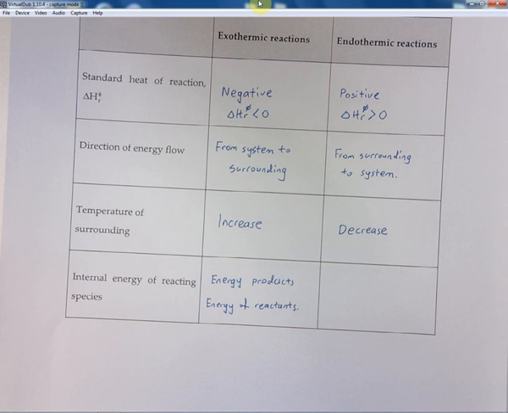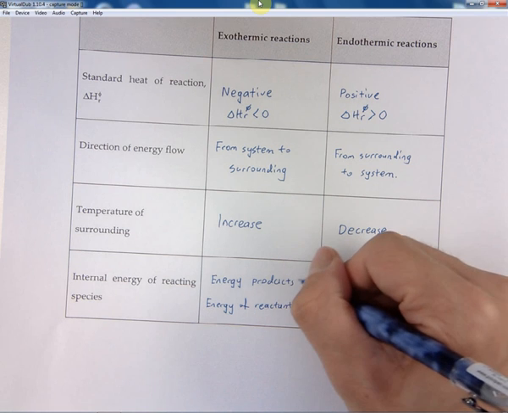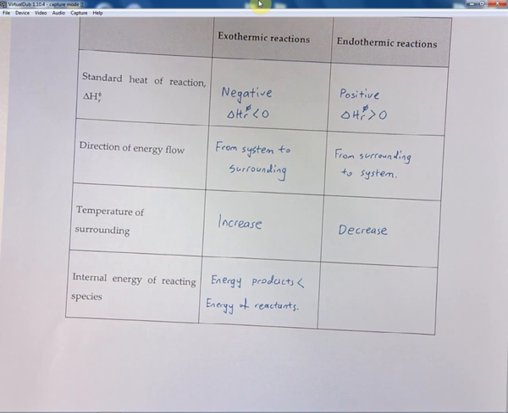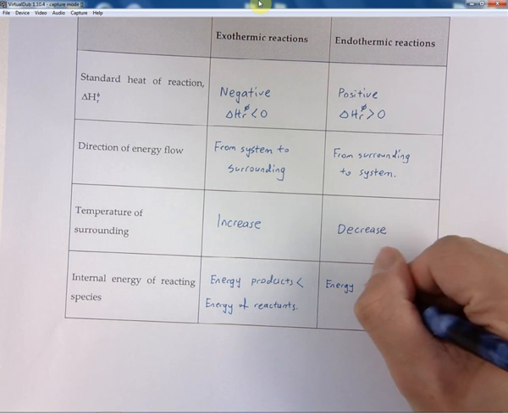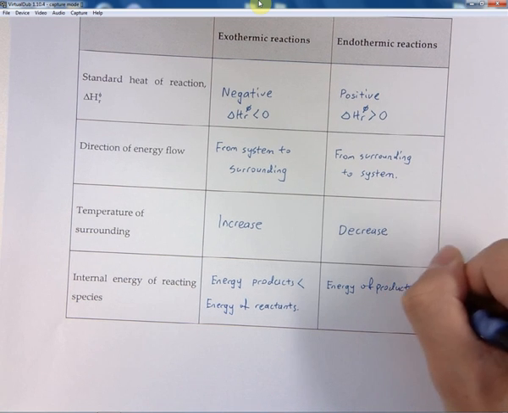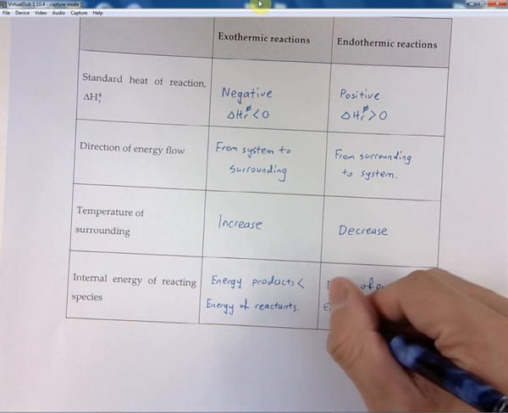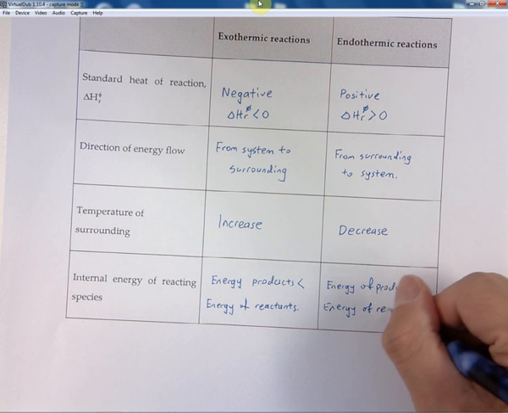So the overall product energy will be lower than that of the reactant because all this excess energy went to the surrounding. In the endothermic reaction, the energy of the product will then be greater than the energy of the reactant.